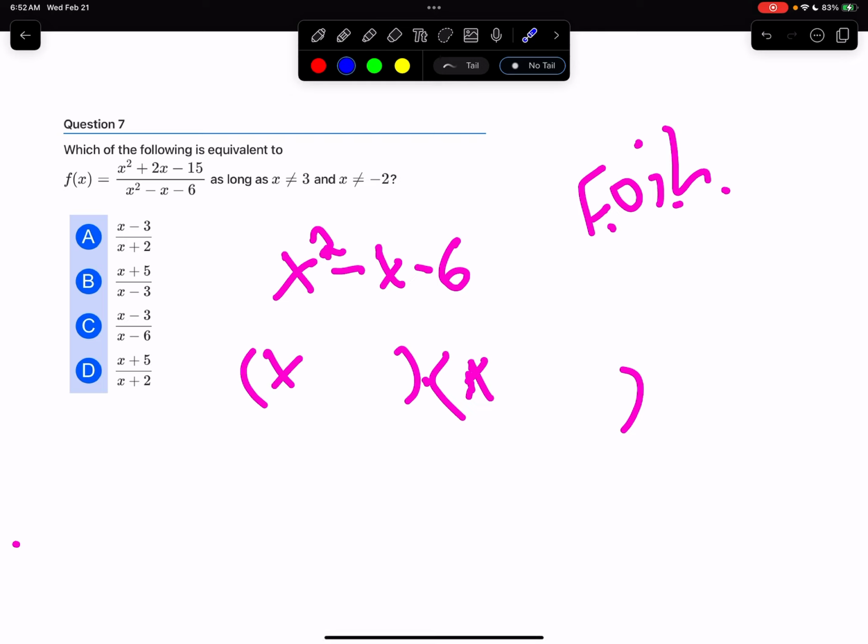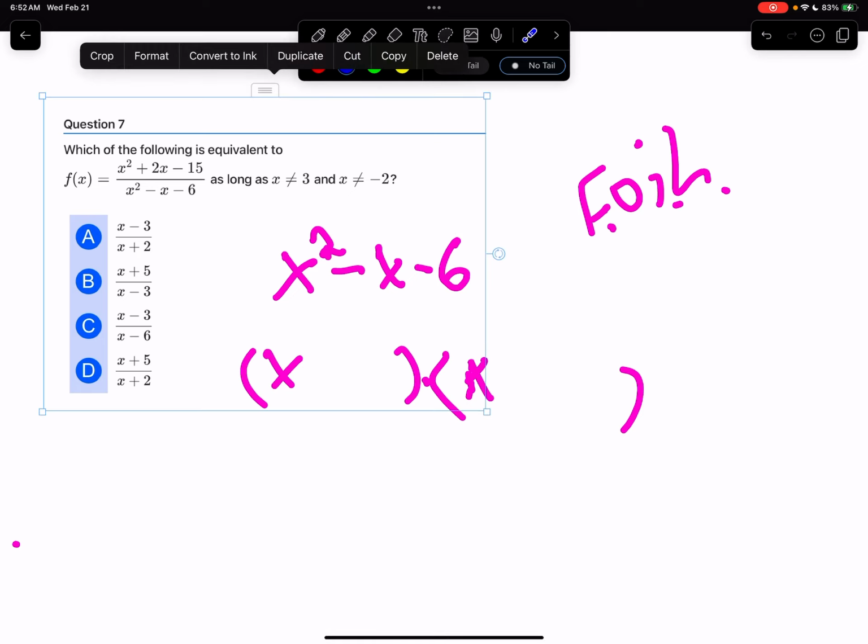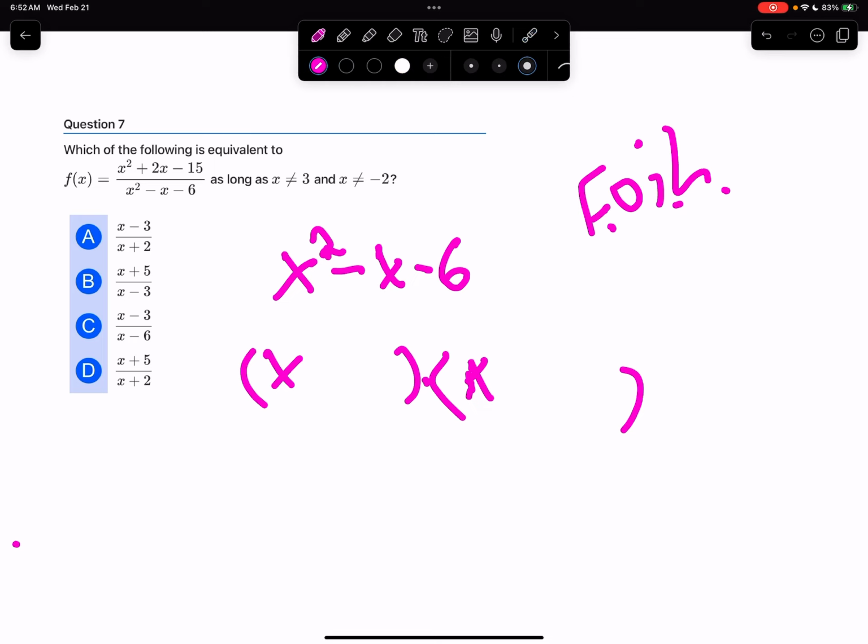Seems kind of weird, but basically the idea is just look at this number here, the negative 6, and think, what are the factors of negative 6? So let's do it out. Factors of negative 6. To get negative 6, we have to multiply together what?